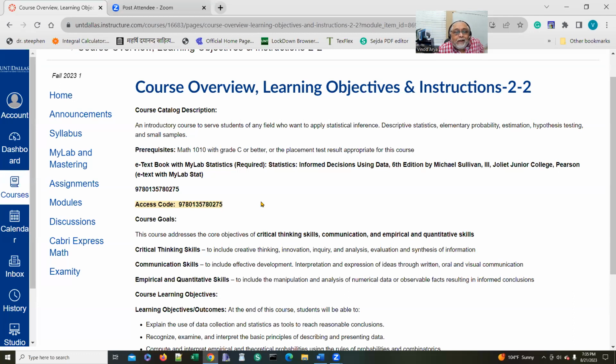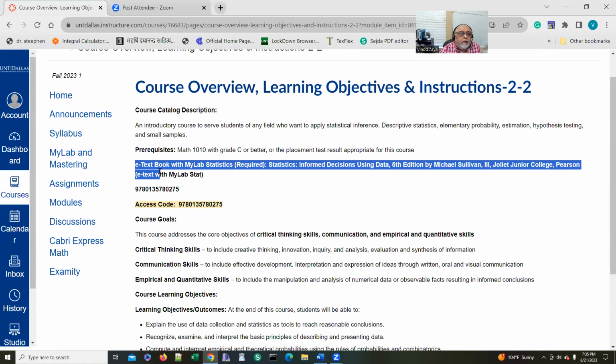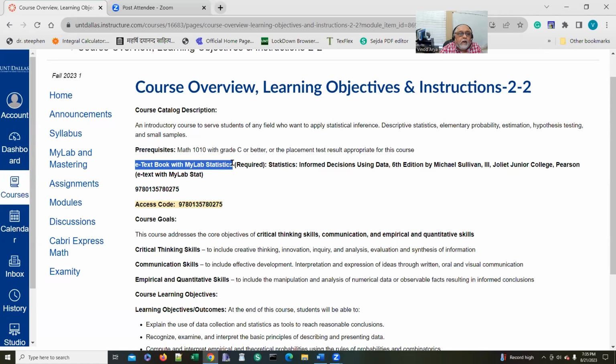if you do not prefer a hard copy of the book, the first part here, which is required, will do for the course, because you are getting the e-textbook and the software to solve your assignments, homework, quizzes, and exams.